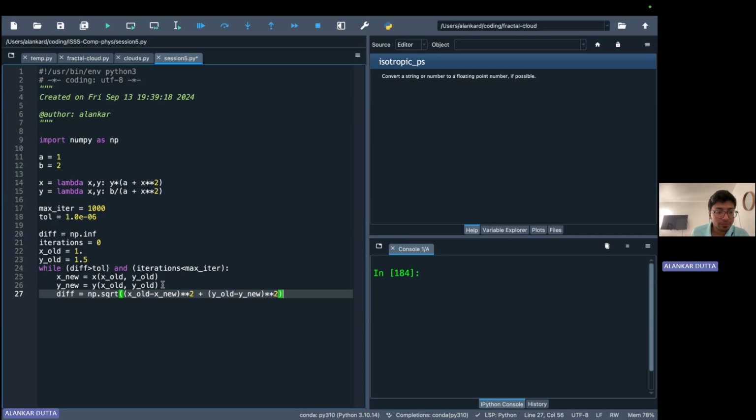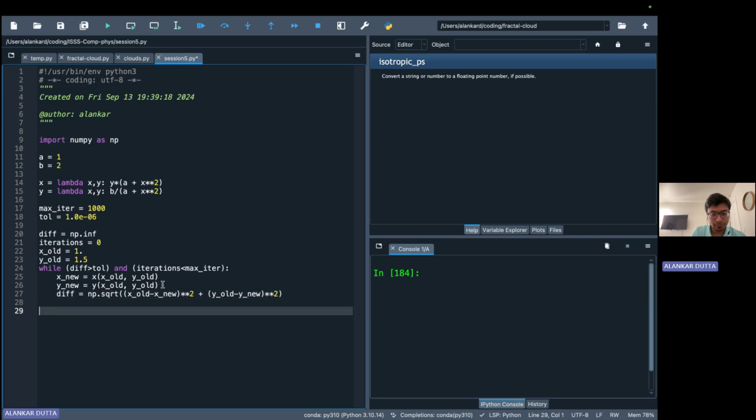So this is where we find out the value of x new and y new and try to find out the difference. And we then look at it and say that, okay, if the difference is greater than tolerance, we'll keep on continuing. Otherwise, we just come out, right?